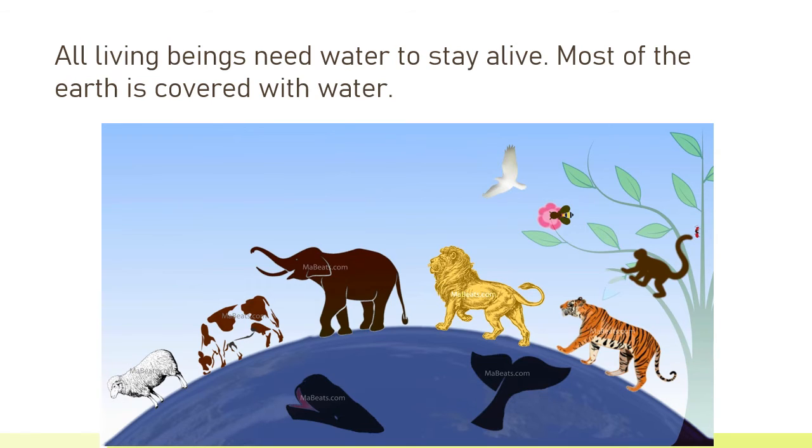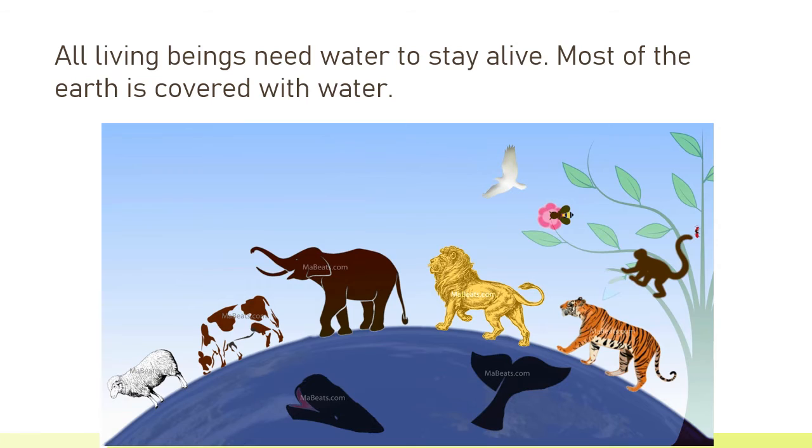All the living beings means all the animals, birds, plants, insects, even a tiny small insect needs water to stay alive on this earth.